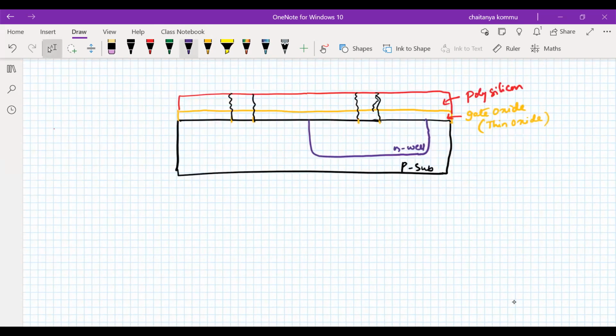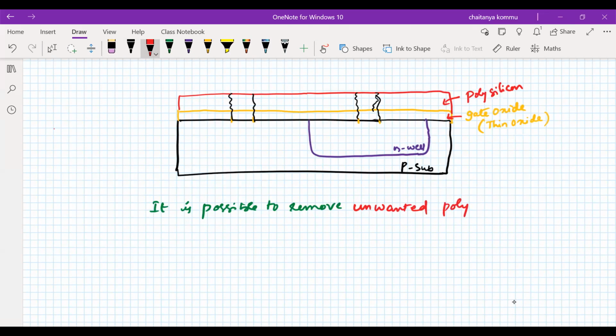It is possible to remove the unwanted poly using an etching process.